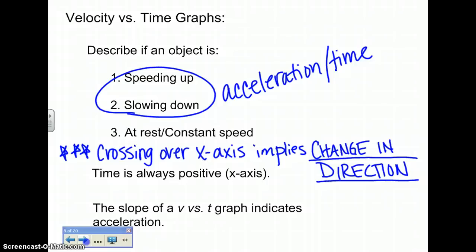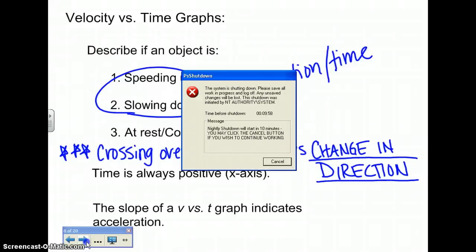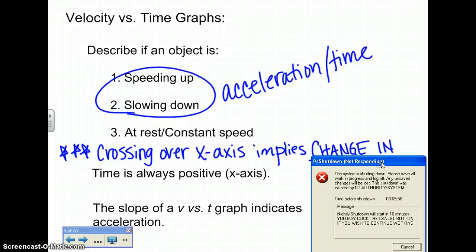So a change in direction is going to be implied by a crossing over of the x-axis on your velocity versus time graphs. The slope of a velocity versus time graph indicates acceleration as well.